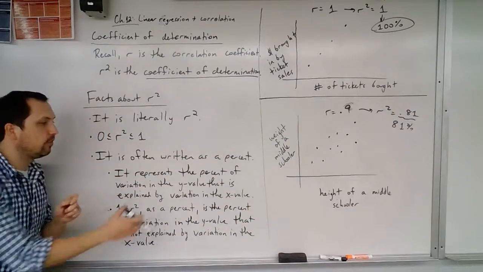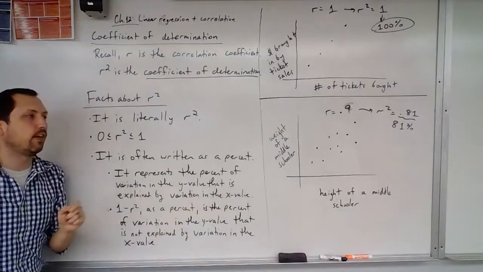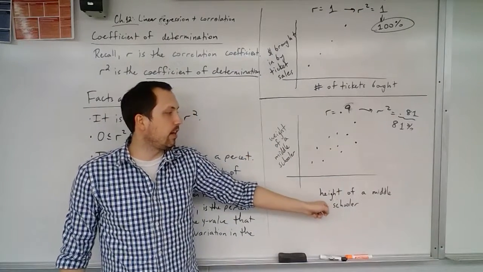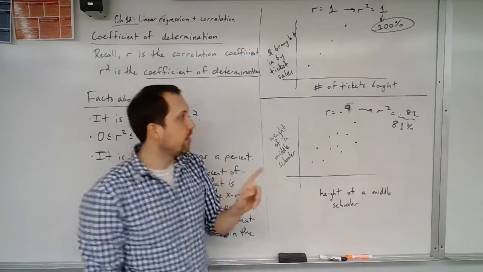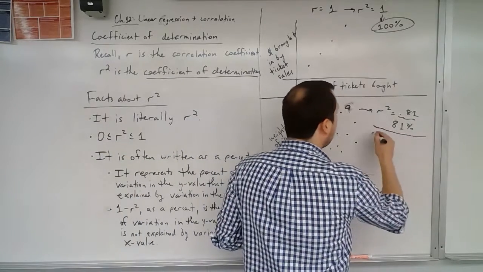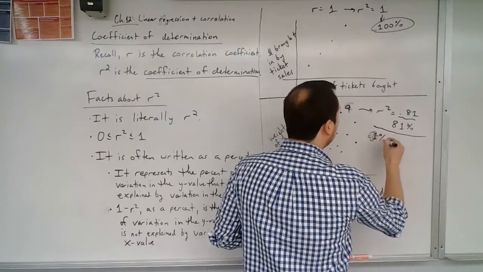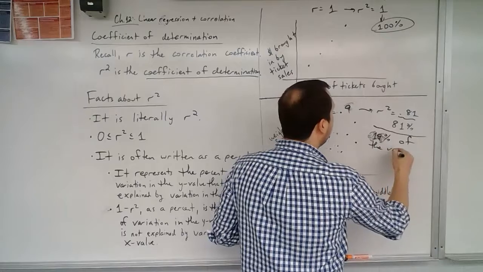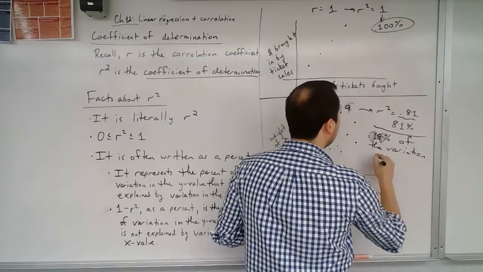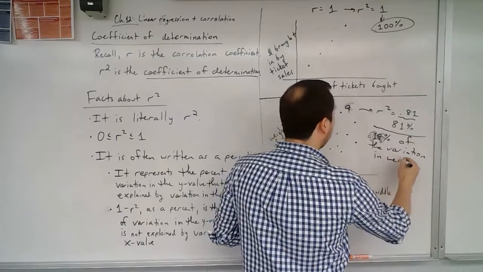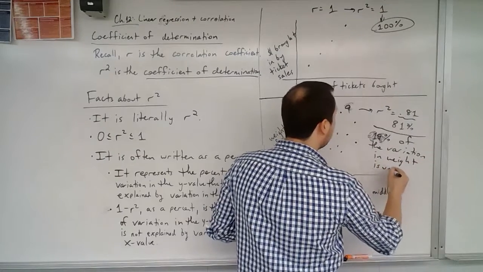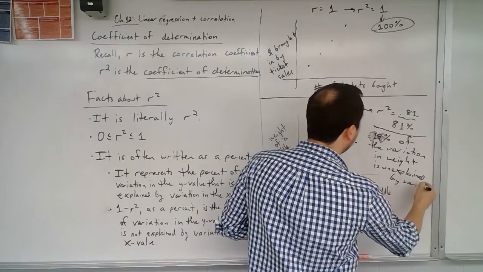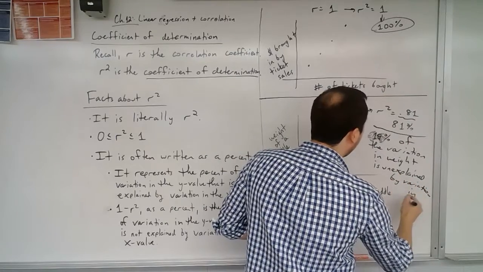Remember, the variation of the y value is explained by variation of the x value. So of the variation of weights, 81% is explained by variations of heights. However, this also means that 19% of the variation in weight is unexplained by variation in height.